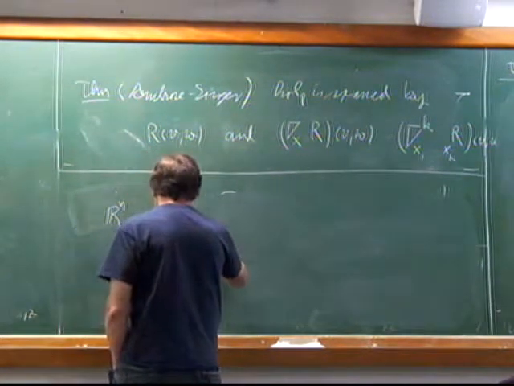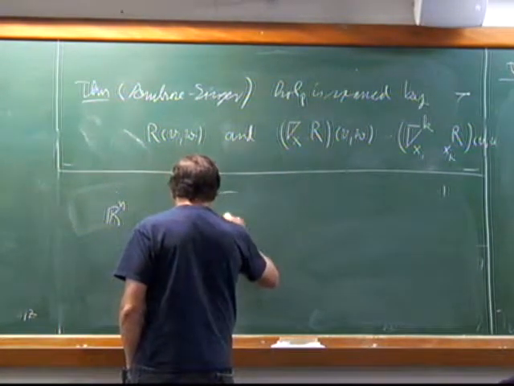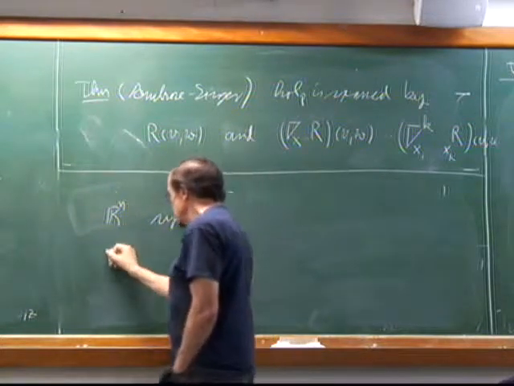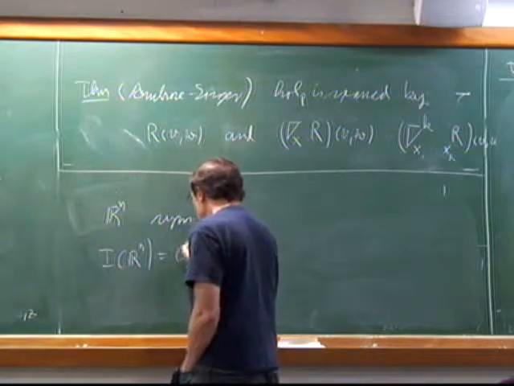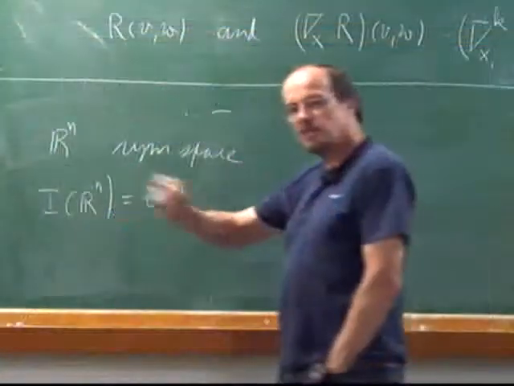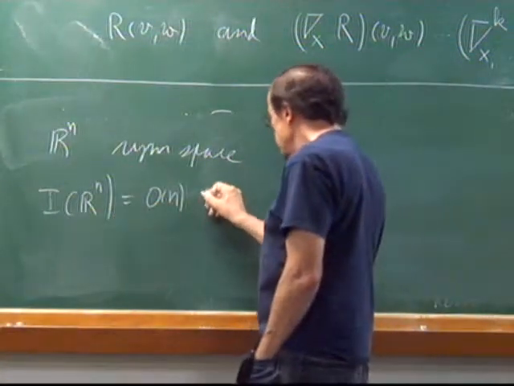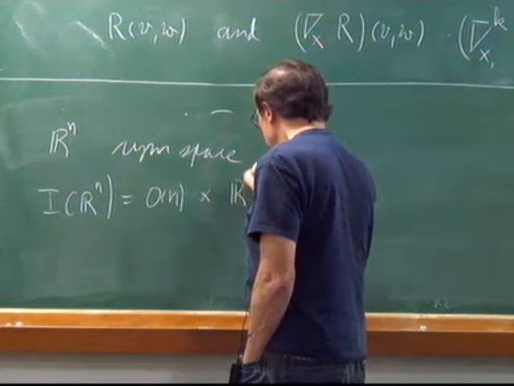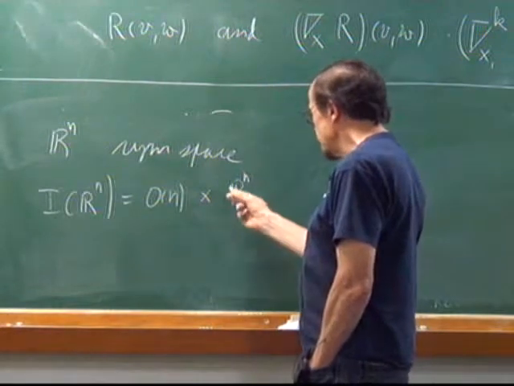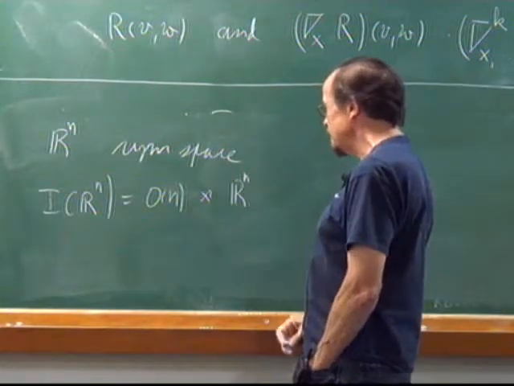That's, of course, a symmetric space. And what's the isometry group of Rn? Well, you have rotations, and you also have translations. It's a semi-direct product, so maybe you forget which way it goes.